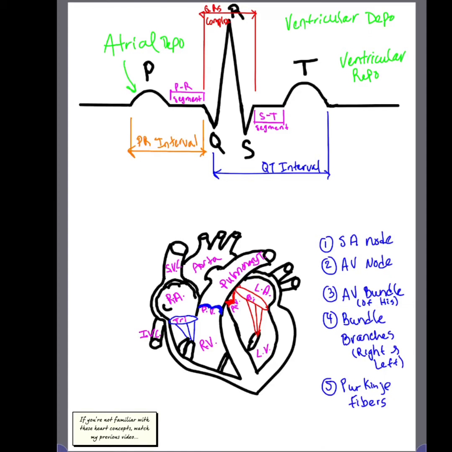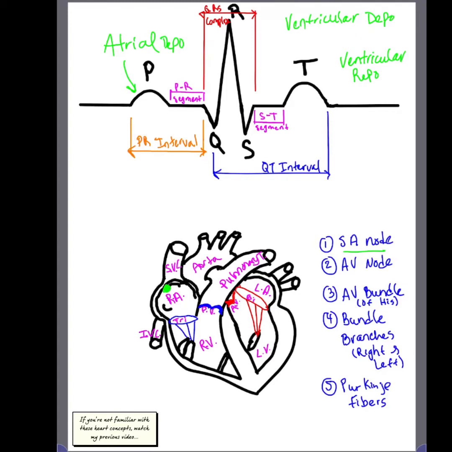it represents depolarization of the SA node and the atria. So we're going to get started right here in the posterior portion of the superior area of the right atrium, and particularly the atria depolarization.